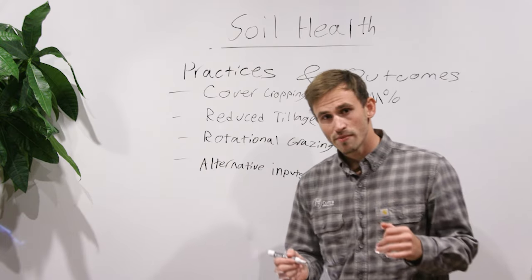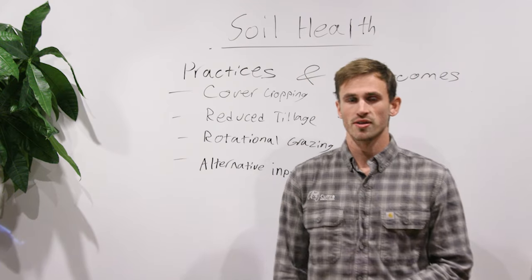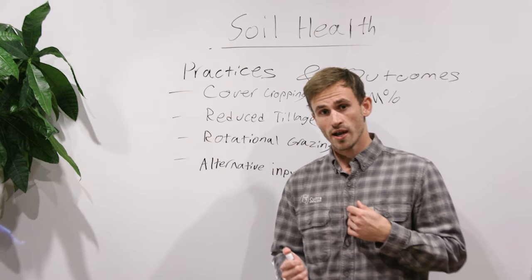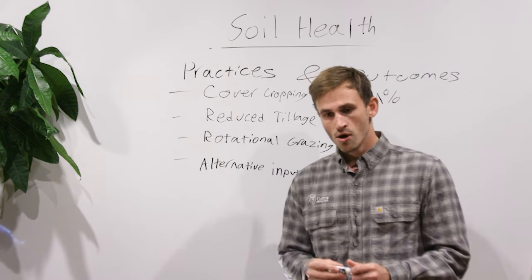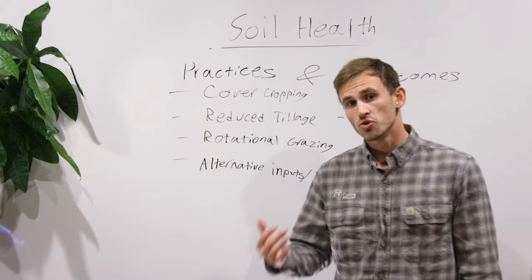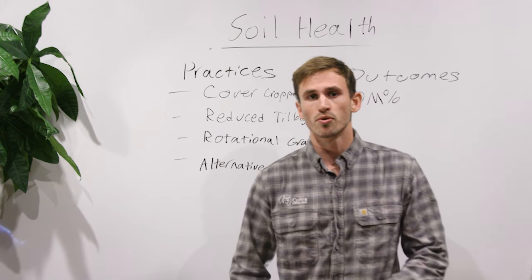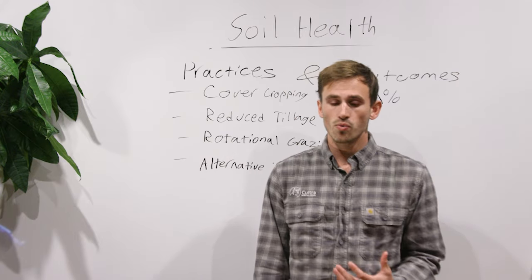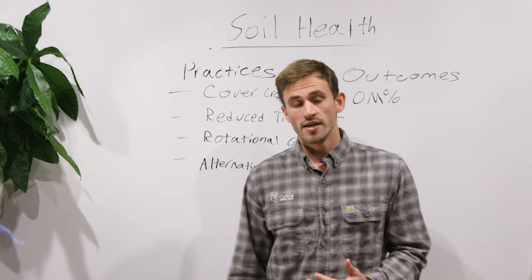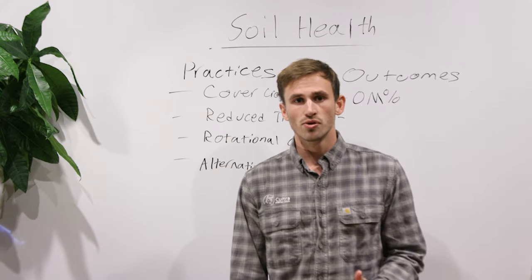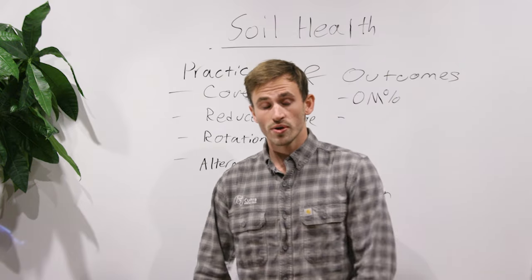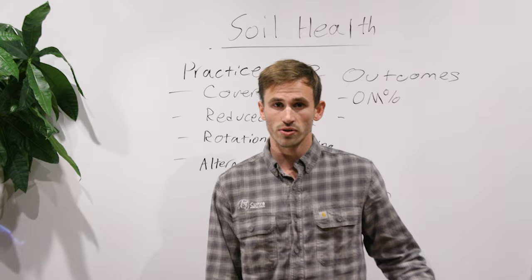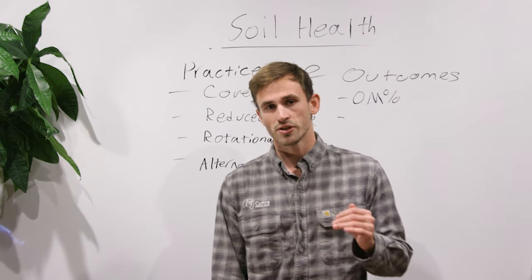With new testing methodologies and new tests coming onto the market, there's a host of more data that not only we're looking at as Cultra, a nutrient analytics company, but also that we're seeing the USDA look at. We're seeing people at the NRCS office requiring. And if we want to be compliant in any program that we want to be in, or even if we just want to increase our soil's health so we have all of those beneficial outcomes that we mentioned earlier, we want to be looking at these metrics as well.